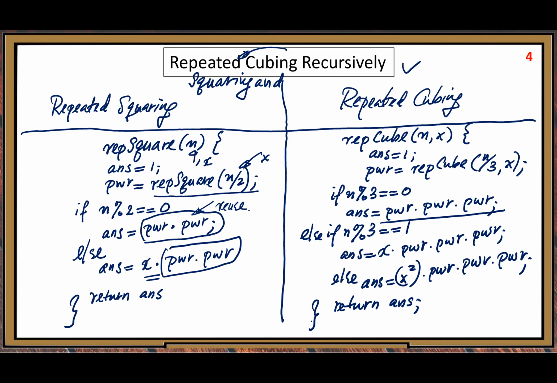So here, for repeated cubing, this x squared: if you want to save a little more, it may not be a big deal. That's one extra multiplication.